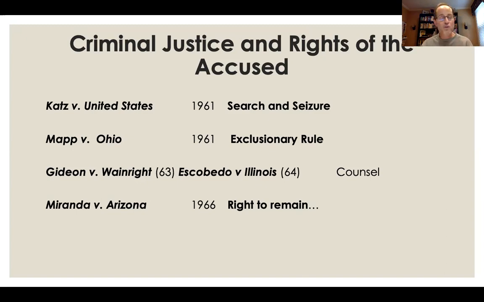The case of Gideon is your required case that we will cover in greater depth in our unit on individual liberties. And in the case of Gideon, just quickly, it's unanimous, but this gives the Sixth Amendment right that if you're too poor to afford counsel, one will be appointed to you by the state.